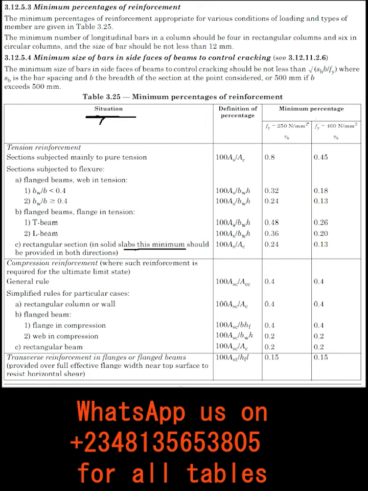If your characteristic strength of steel is 460 Newton per mm squared and you are designing for a rectangular beam, which is the same thing as your slab, your minimum steel should be 0.13%. So this is your steel as your minimum reinforcement.